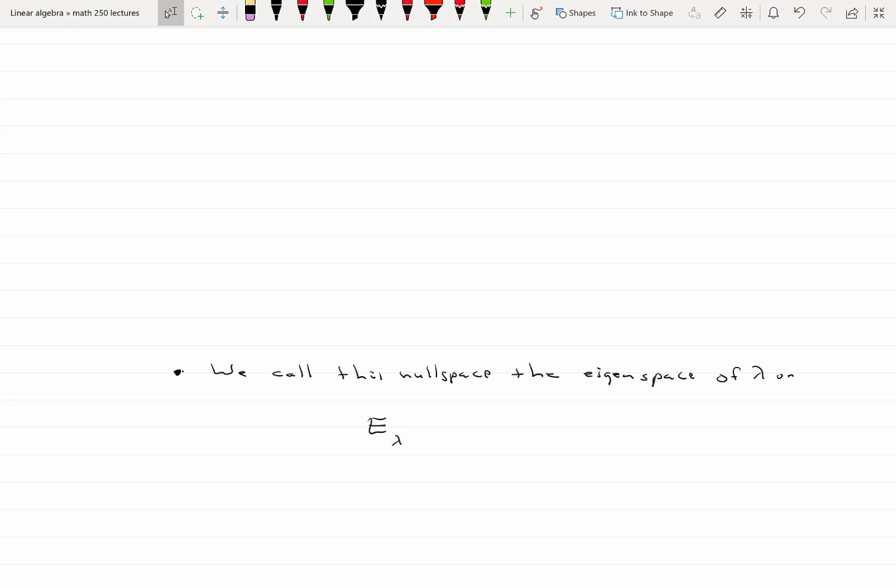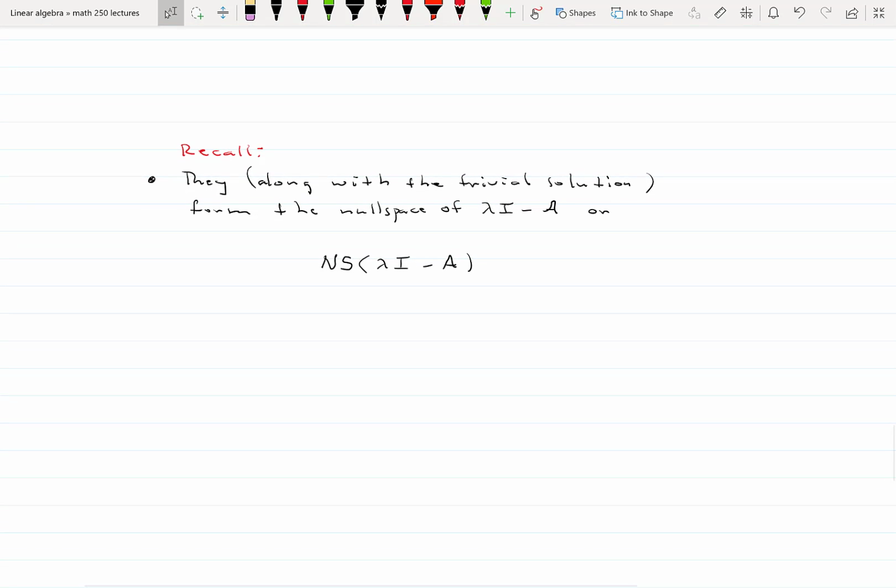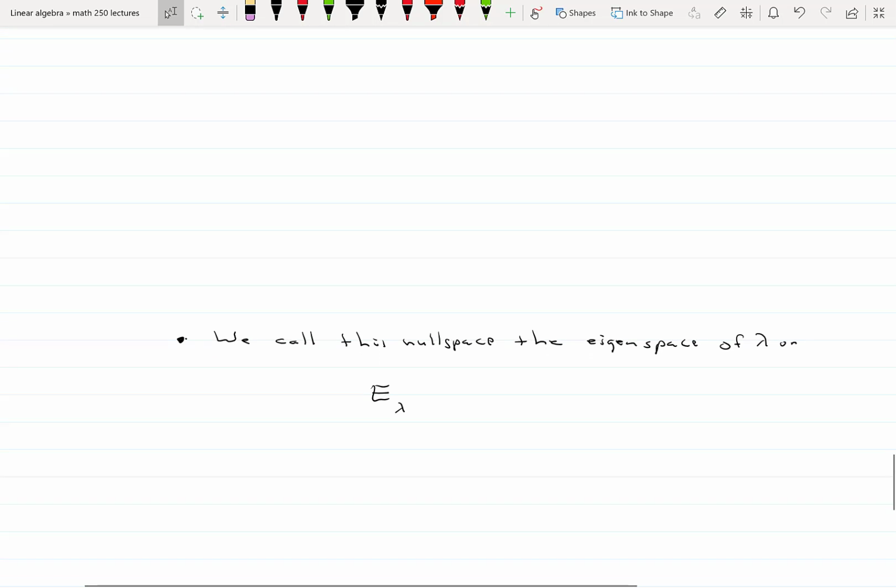We're going to get some fancy terminology, E sub lambda. So lambda is an eigenvalue, and we want the eigenvectors. The eigenvectors are the null space of lambda I minus A, and the null space is a vector space itself, a subspace of R^n. So we call that space that's related only to the particular eigenvalue lambda E sub lambda.